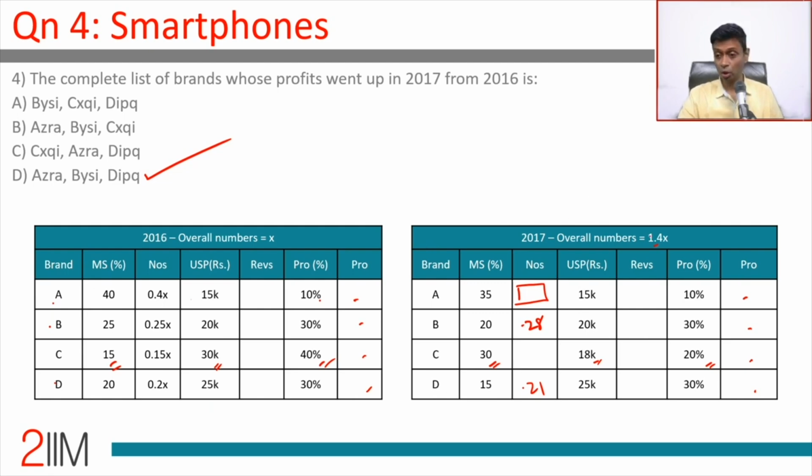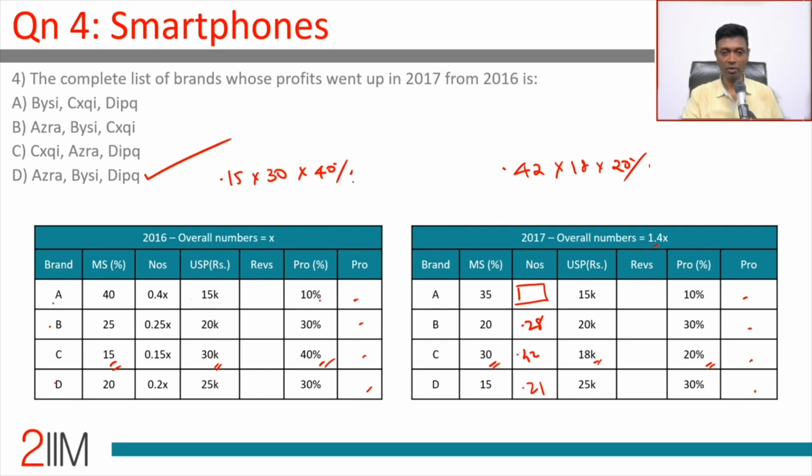Let's verify that. 1.4 times 32 is 0.42. 0.42 into 18 into 20% compared to 0.15 into 30 into 40%. I'm going to compare these two.